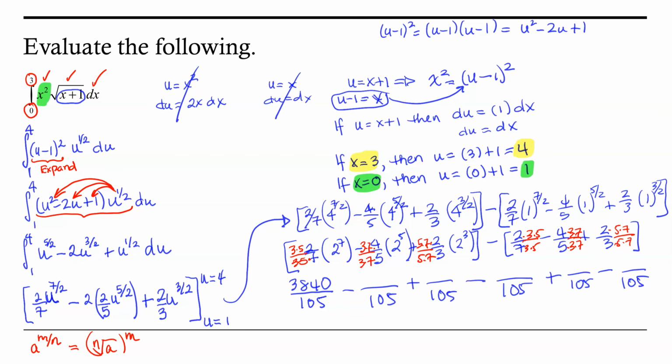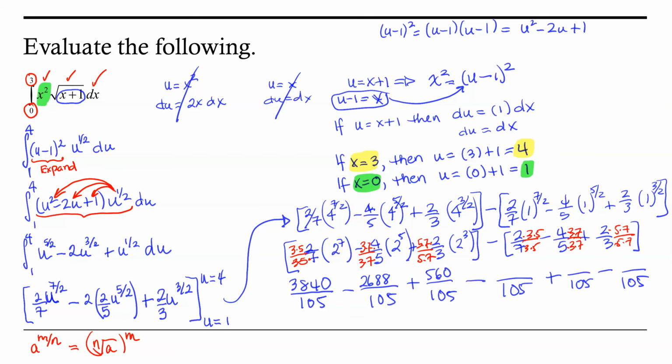And times my 4. I can't forget that 4 times 4. And that's going to be 2,688. My next numerator is 5 times 7 times 2 times 2 to the 3rd, which is 560.